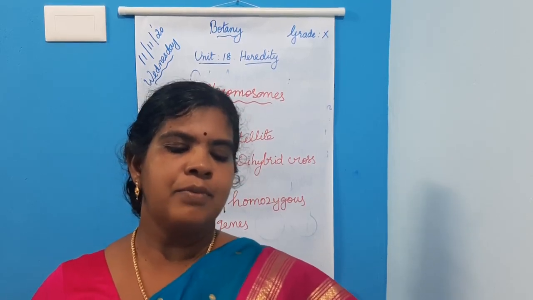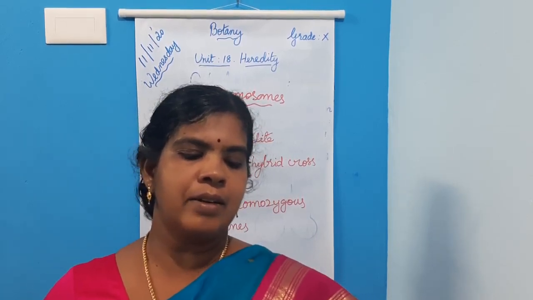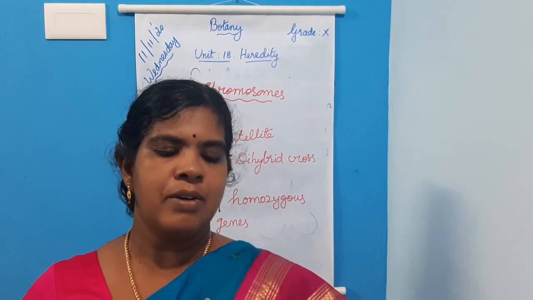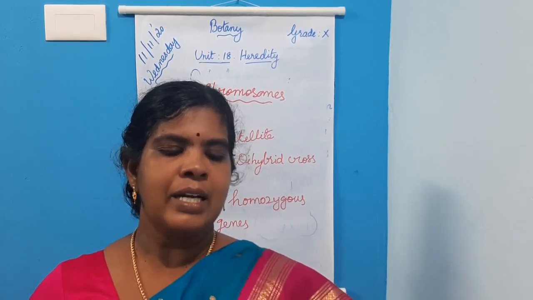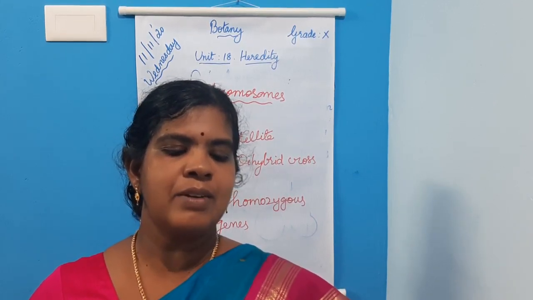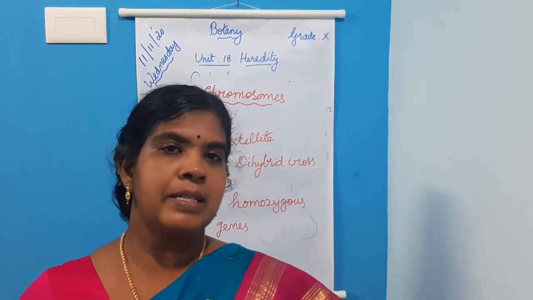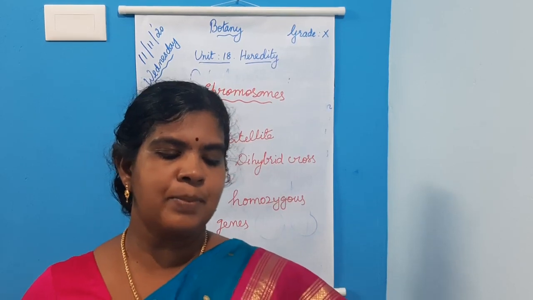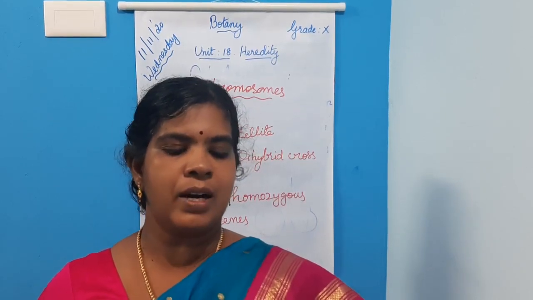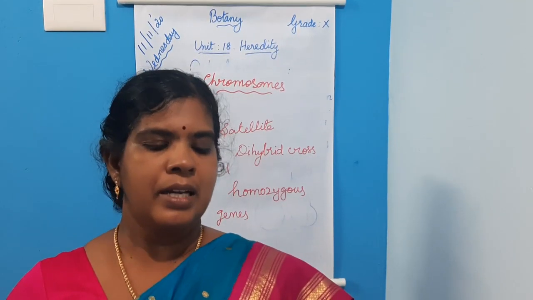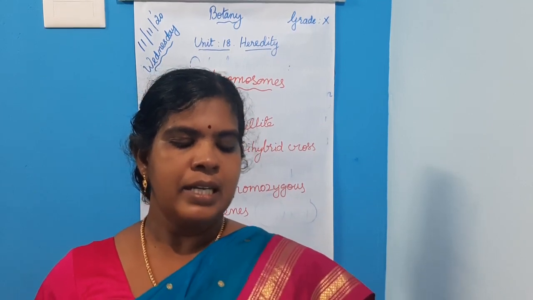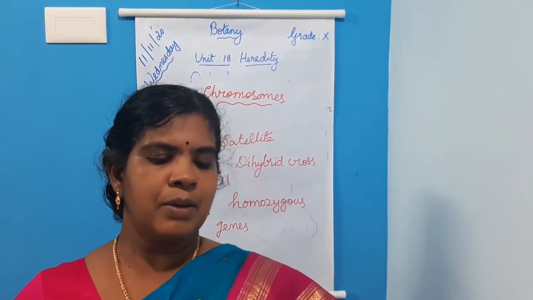Up to the heading F2 generation, first 3 lines. Write a sentence up to the ratio of 3:1: selfing of F1 monohybrids resulted in tall and dwarf plants in the ratio of 3:1, which is the phenotypic ratio.